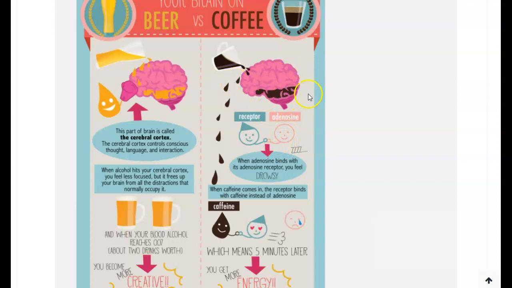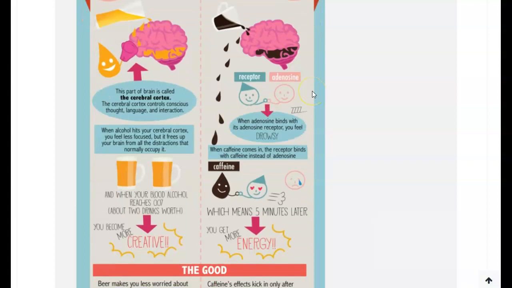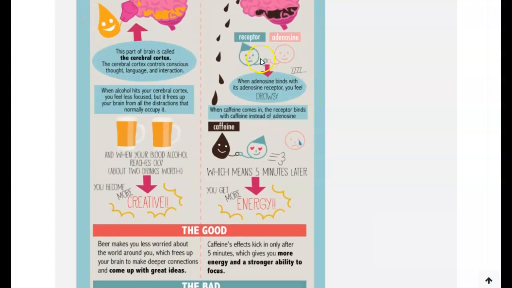So let's see what happens with your brain on coffee. Here's the picture of the coffee pouring onto the brain. We have receptors and we have adenosine. It says when adenosine binds with its adenosine receptor, there they are giving each other the fist bump, it makes you feel drowsy.